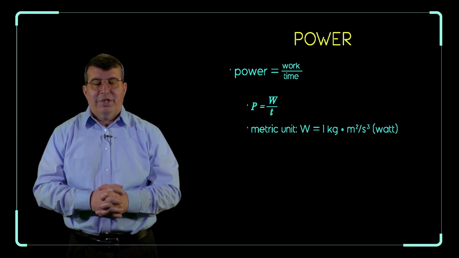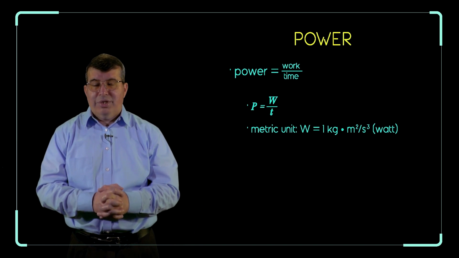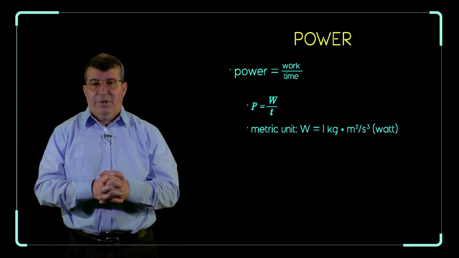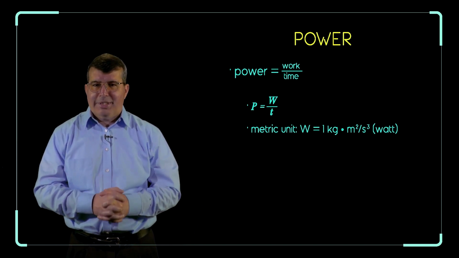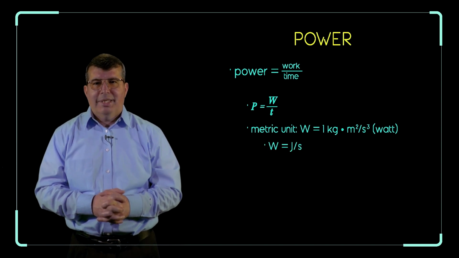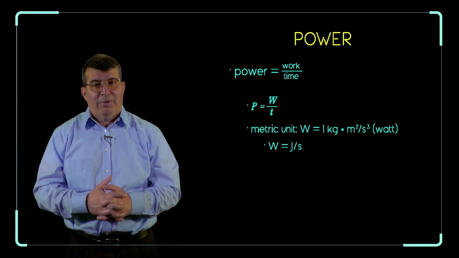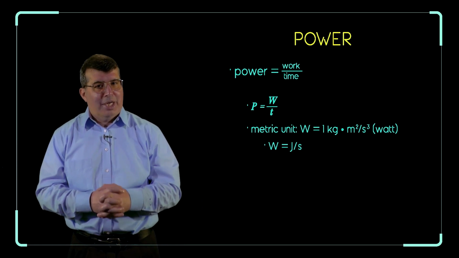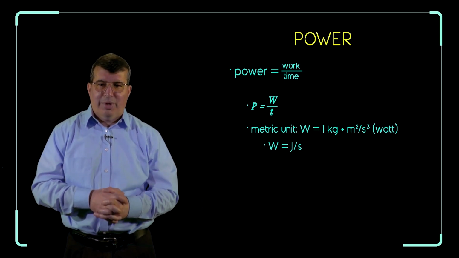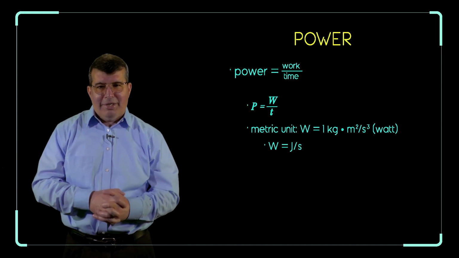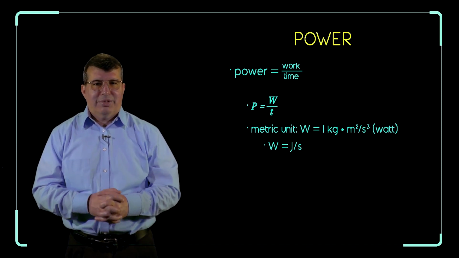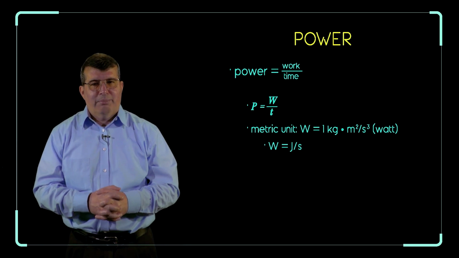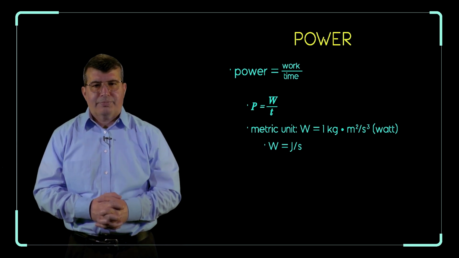Work is a transfer of energy, so work has energy units, or joules, so it'd be joules divided by seconds. So a watt is a joule divided by a second. And if you'll remember, a joule is a kilogram times a meter squared per second squared, and then we divide by another second, so that would give us kilograms meter squared per second cubed.